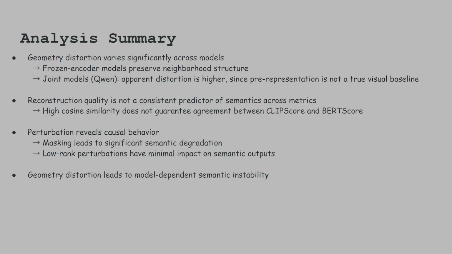For reconstruction, their quality is not consistently related to the semantic behavior in the end, so we can't really use it as a predictor of the semantic metrics. For projections, masking does lead to significant semantic degradation, but low-rank results show us that most of the VLMs' vision information is actually stored in low dimensions.